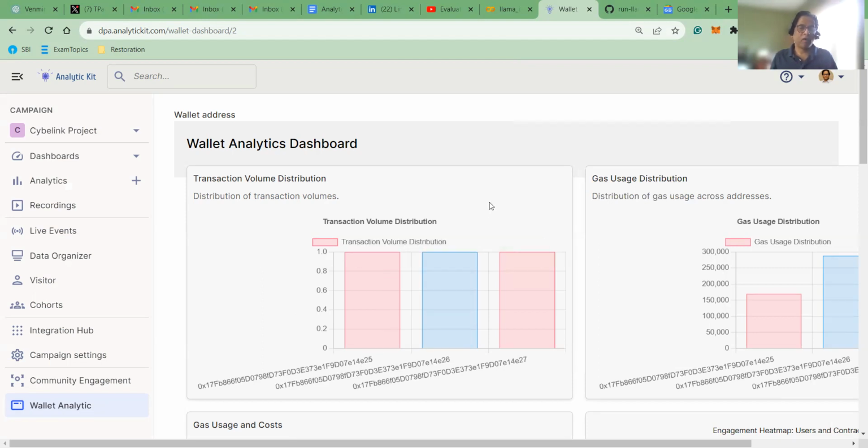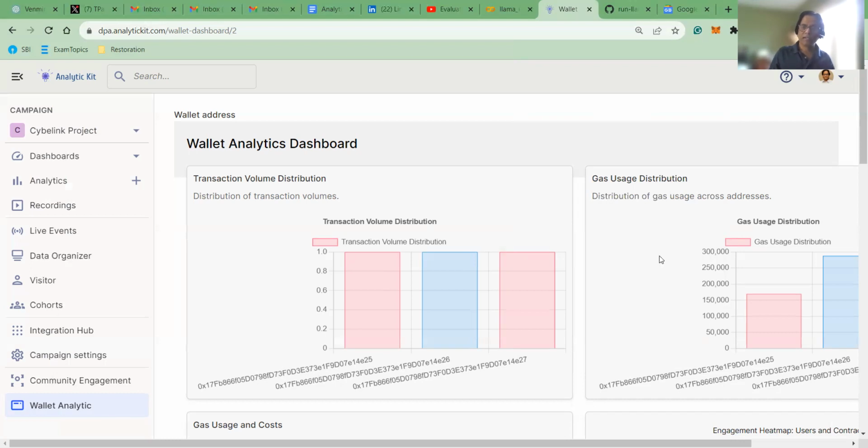You can see how much transaction they had on the whole, and whether the transaction volume is going up or going down. All that information you can see from this transaction volume distribution graph.